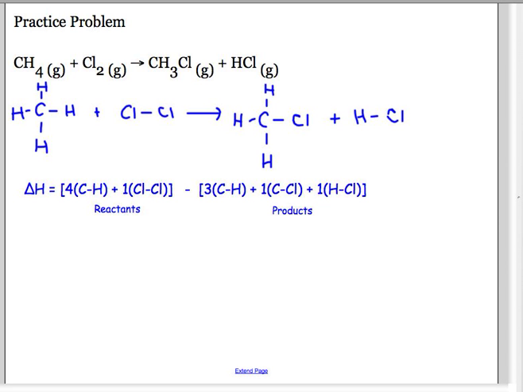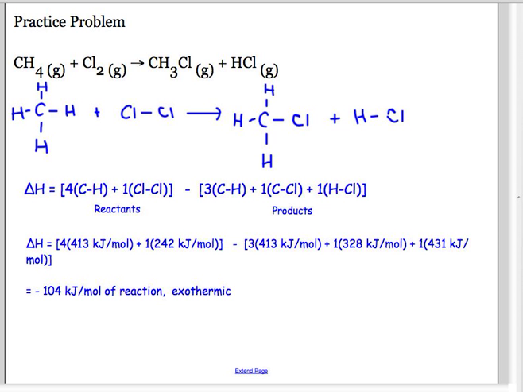Then I put those in a bracket. I did the product side, and over here I have 3 carbon to hydrogens, 1 carbon to chlorine, and 1 hydrogen to chlorine. Once you know what you're doing, you just need to look up the numbers. I'll plug in the numbers. You can try it on your own and make sure you get the right answer.